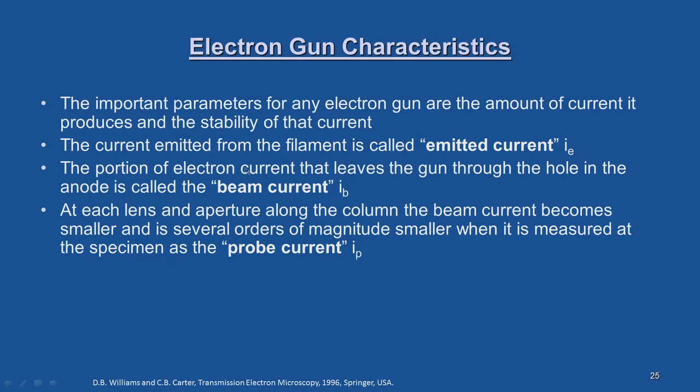The portion of electron current that leaves the gun through the hole in the anode is called the beam current, IB. At each lens and aperture along the column, the beam current becomes smaller, and it is several orders of magnitude smaller when measured at the specimen as the probe current, IP.